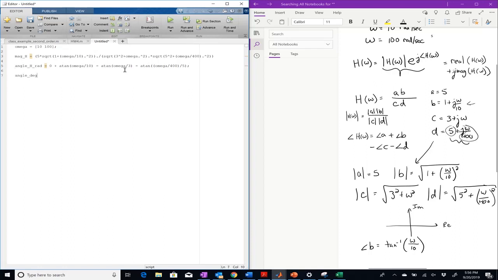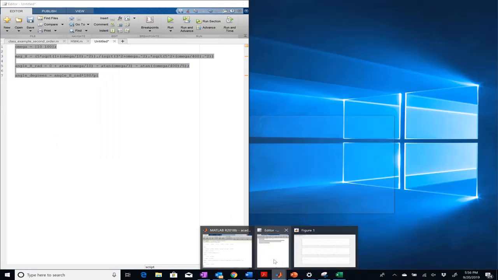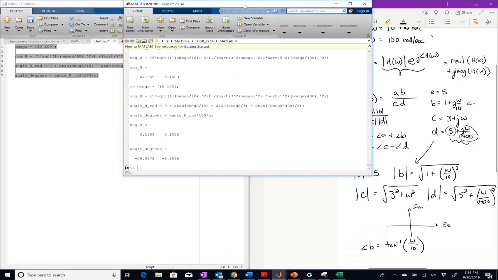And then I'm going to say angle degrees is equal to angle h radians times 180 over pi, like that. And then I'll evaluate these two. And I get my results.